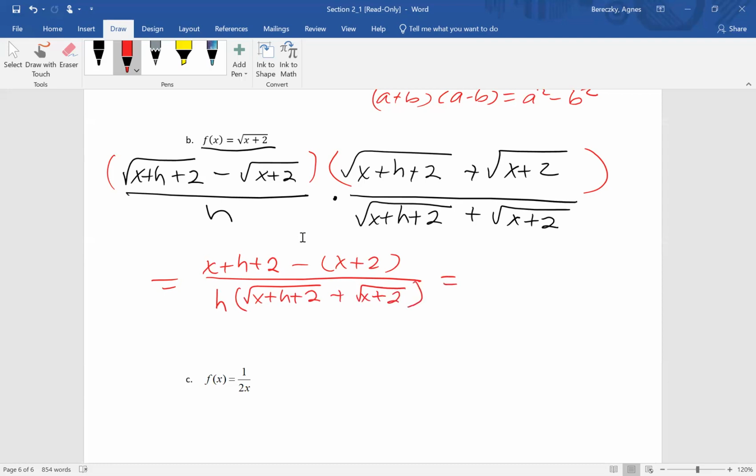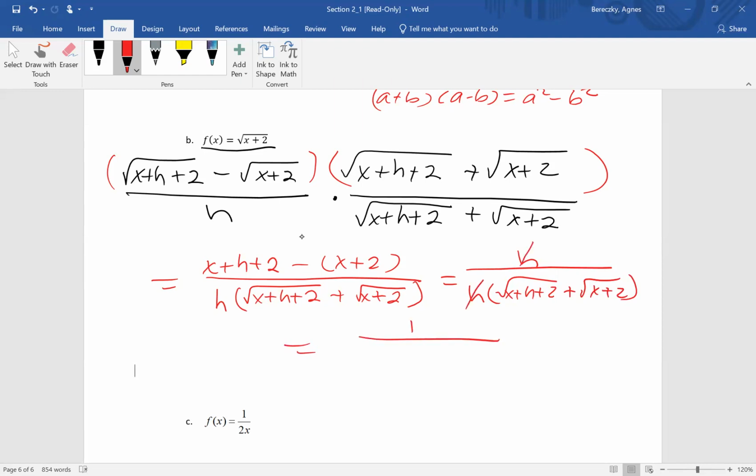Simplifying the numerator, breaking up the parentheses, x minus x will cancel out, 2 minus 2 will cancel out. So we will have an h over h times the radical of x plus h plus 2 plus the square root of x plus 2. And after h and h cancel out, we have our answer. This is a technique that we use in a calculus class. That's why it is shown here.